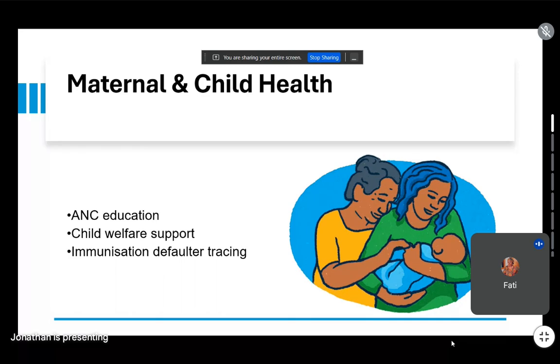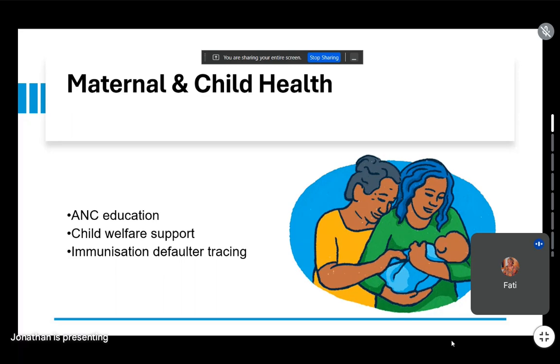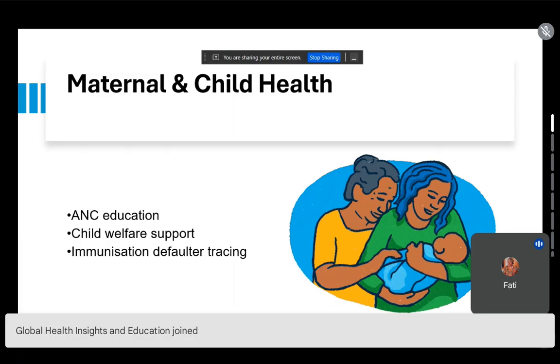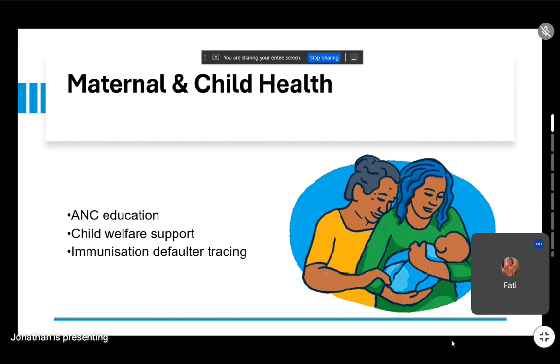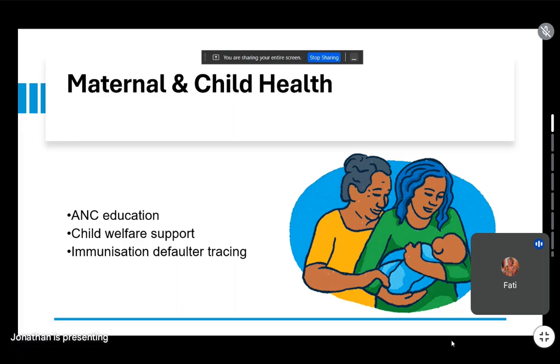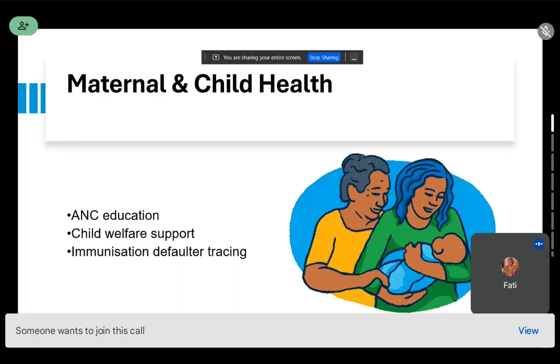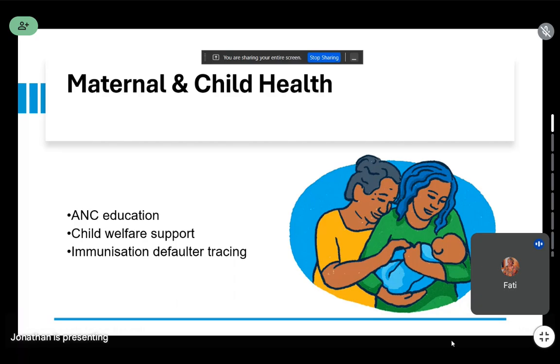Then also help track immunization, which I already mentioned under child welfare support. If you are a volunteer within the community, one of the ways you can improve maternal and child health is by mobilizing the defaulters to make sure that their children get the shots that are required.